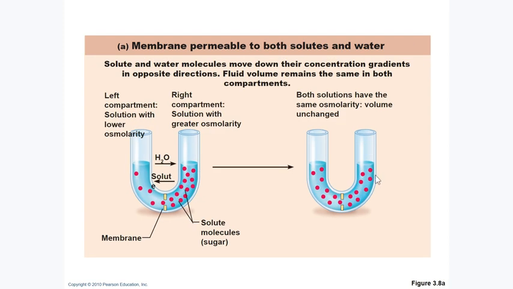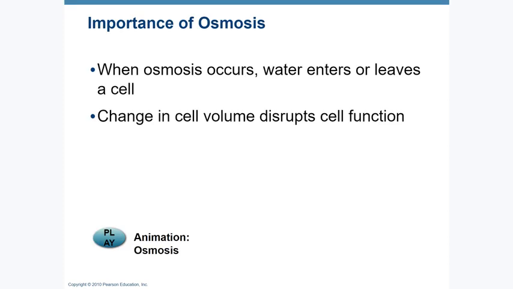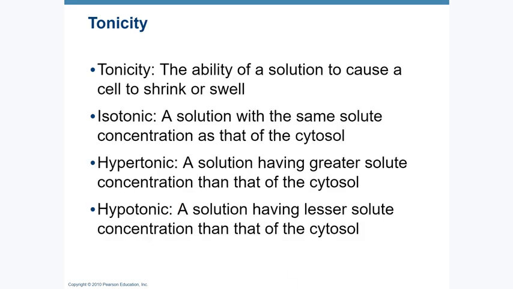So in this one, the solutes were able to pass through that layer, while in this one, they aren't able to, so you're going to get a volume change. When osmosis occurs, water either enters or leaves the cell, and it changes the cell volume, therefore changing the shape, disrupting the cellular function.